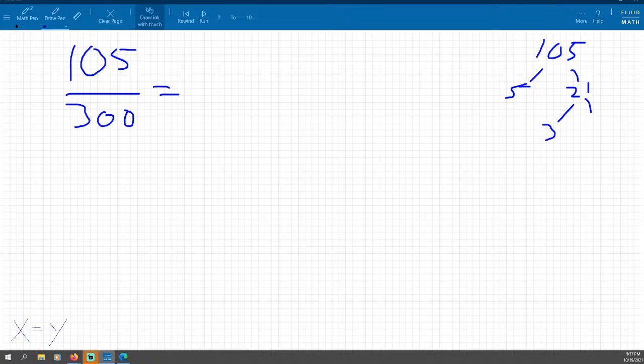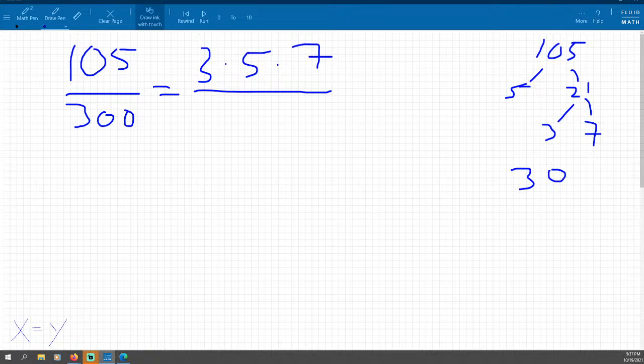And then 3 and 7. So I'm going to make a lot of little common mistakes like that because this is all refresher for me from billion, zillion years ago. So we're going to end up with 3 times 5 times 7 over, and then what do we get for 300?